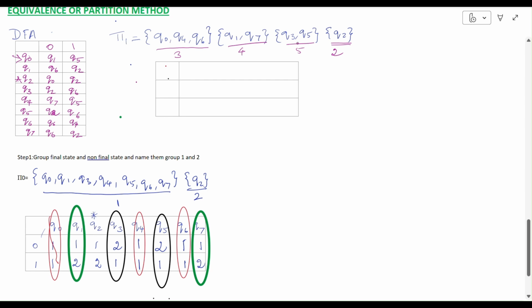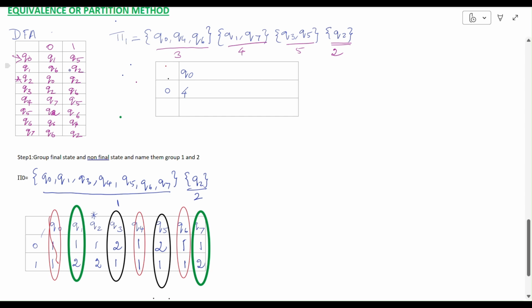Now once again complete the table with the transitions, finding which group each moves to. Q0 on receiving 0 goes to Q1, which is of group 4.